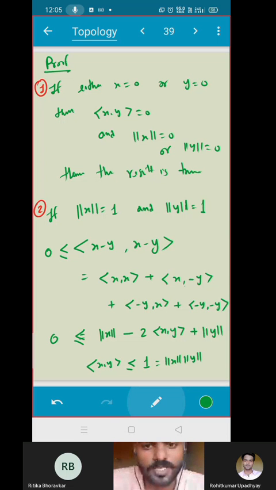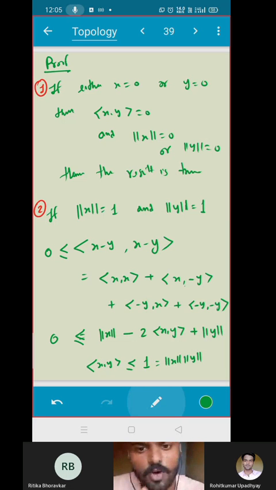Then we solve that: 0 is less than or equal to norm x squared minus 2 times the inner product of x, y plus norm y squared, which is the same as, since the norms are 1, 2 times the inner product of x, y being less than or equal to 2, and the 2 gets cancelled. I'll have the inner product of x, y less than or equal to 1, which is the same as norm x times norm y. Is that clear?